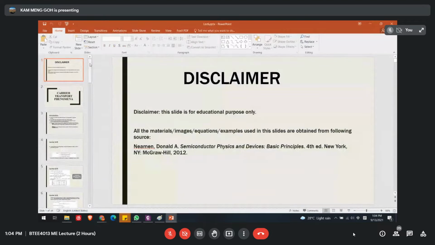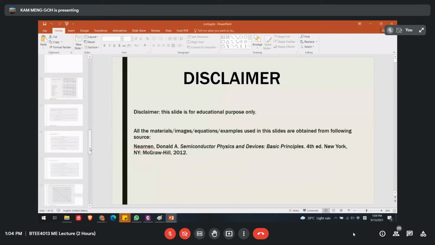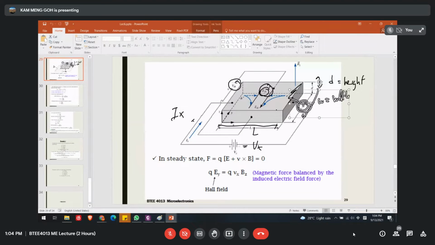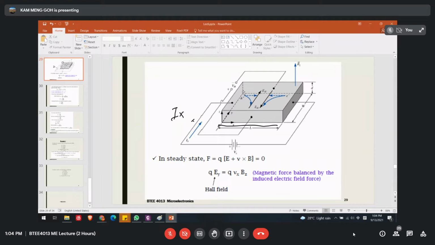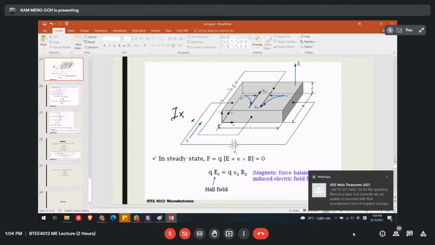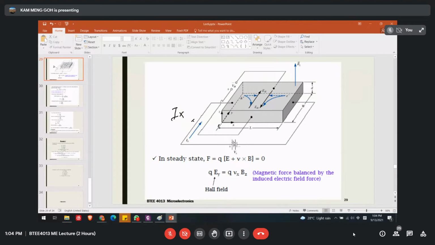You can refer to lecture 6, in the middle, and try to draw the device, including all the labels, for example the VH, the length, and the IX, the VX, and how it induces the Hall voltage. Okay, so this is the question and the answer.